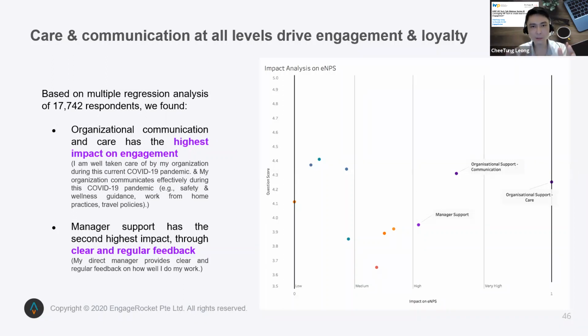There was a well-being one-on-one, where once every 2 or 3 weeks, managers were encouraged to meet their staff one-to-one to talk about their mental health and well-being. There were also performance one-on-ones to increase the frequency at which people got feedback about their performance. And finally, there were career one-on-ones. Even though there was so much uncertainty, they found that managers wanted to pay more attention to people's careers.